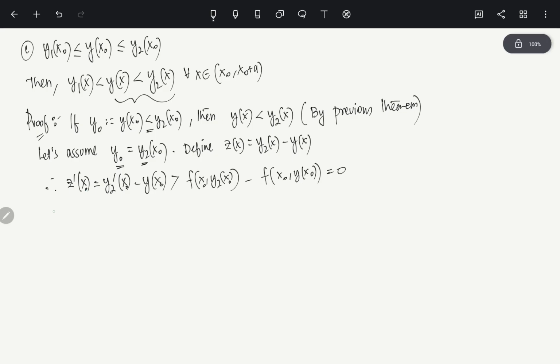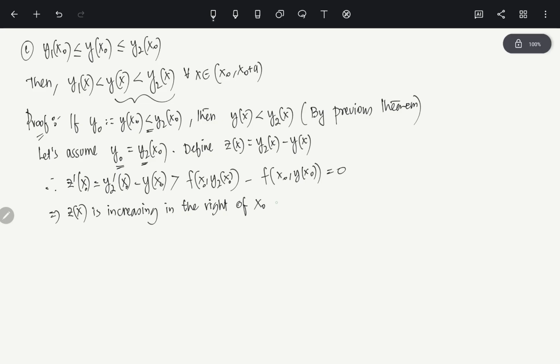So that will imply that z of x is increasing to the right of x naught. So basically x naught is the starting point, right?